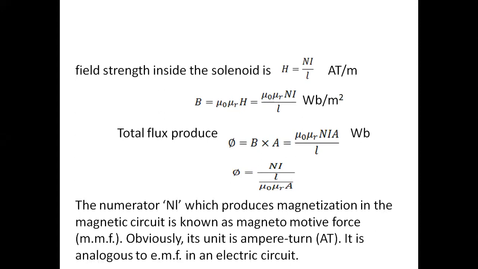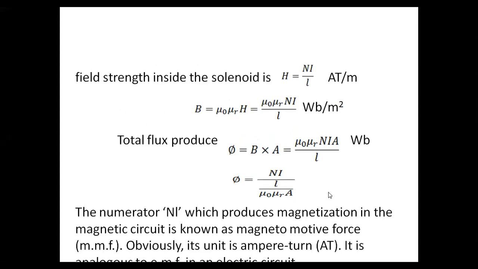Here the flux phi is equal to N I divided by L by mu naught into mu r into A. The numerator is the MMF, and the denominator corresponds to resistance, like reluctance.